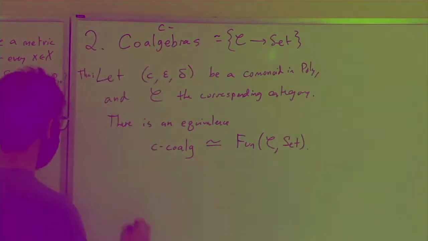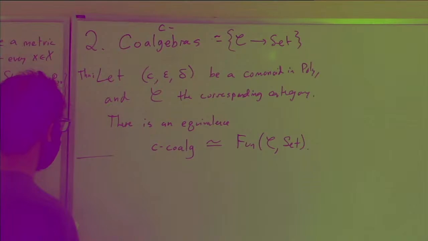Okay, so how does this work? First, what is a coalgebra? We have this comonoid C, and a coalgebra on it is a set S. This would be called the carrier.